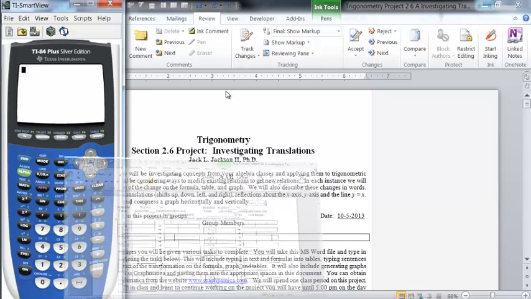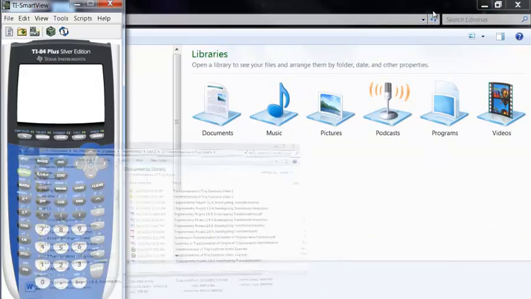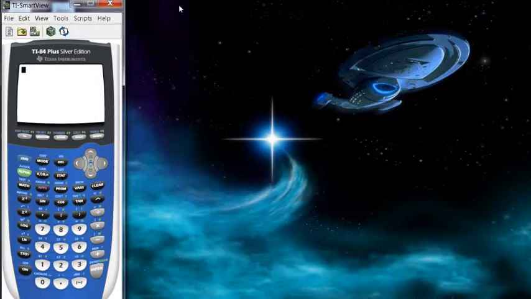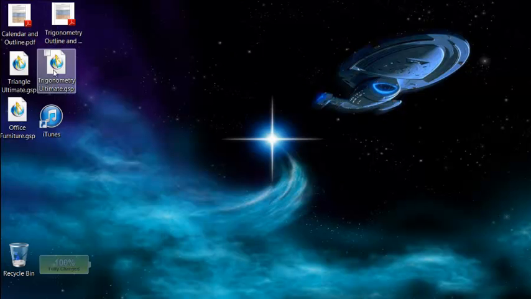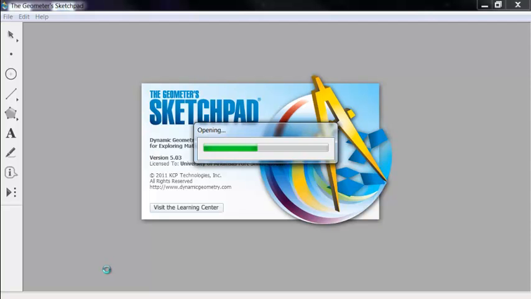Let me get to what I want here. Let's relate this back to the unit circle picture a little bit.